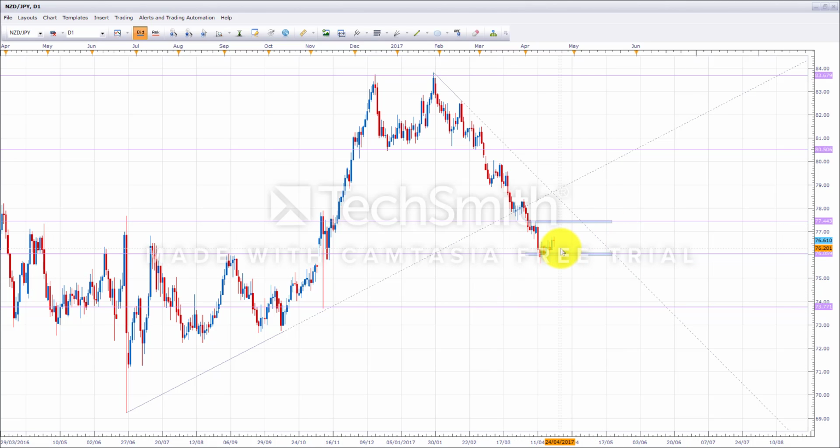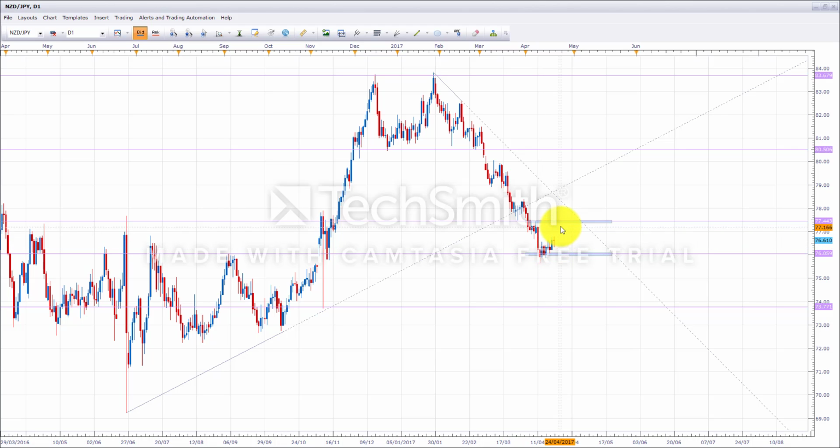Now, we may be looking at a pullback to retest the 77.44 area. I am looking for this to come down and make further declines at some point, but the trade we could be looking at is a bounce from this support level back up to retest the 77.44, especially if we're seeing some really strong New Zealand movement next week.